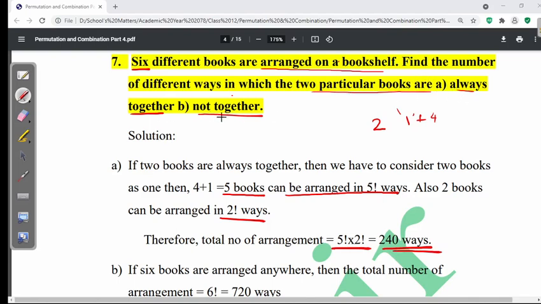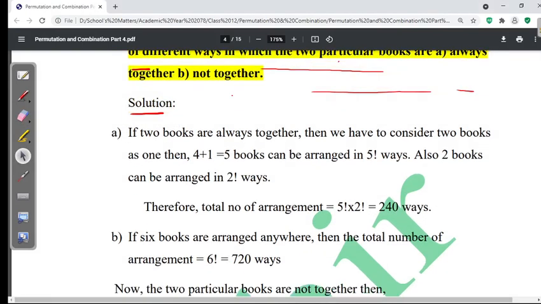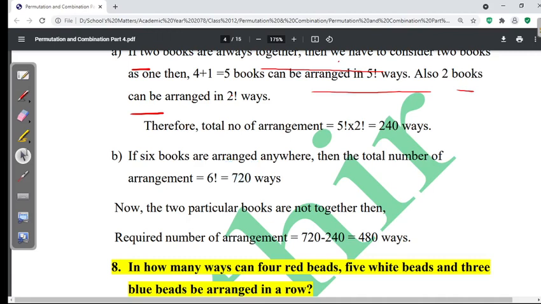And always not together can be solved by, the second part is about not together. How to find that? Look here, dear students. 6 books can be arranged anywhere, that is 6 factorial ways, and 2 particular books are not together. Then the required number of arrangements means total arrangement minus together.